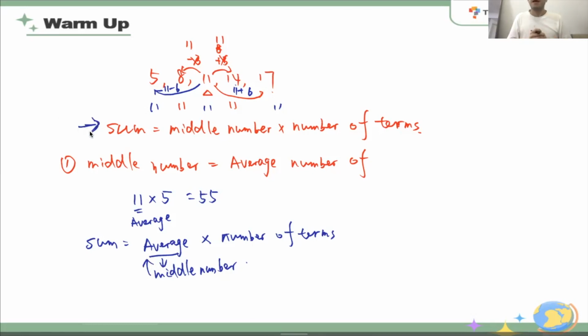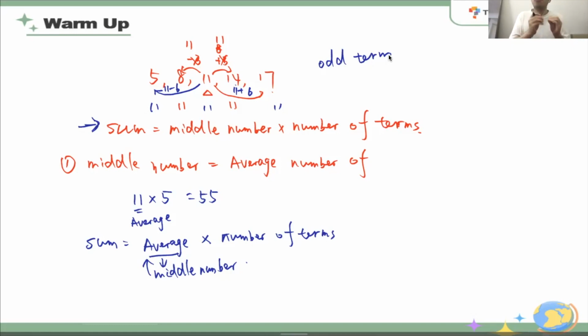Okay, and we know that is what we use in this sequence with odd terms, right? And maybe someone will ask me whether we can use this method when we have a sequence with even terms.